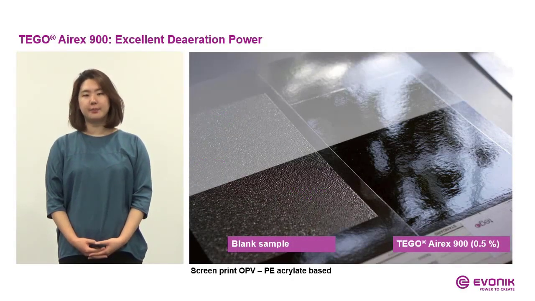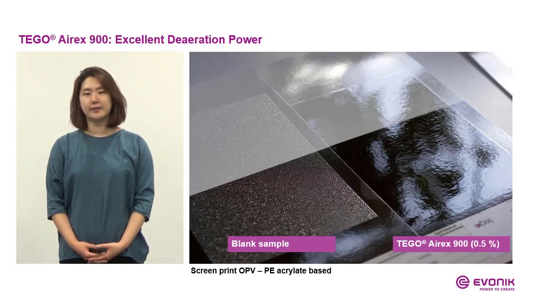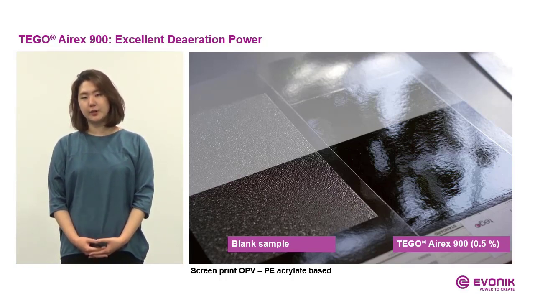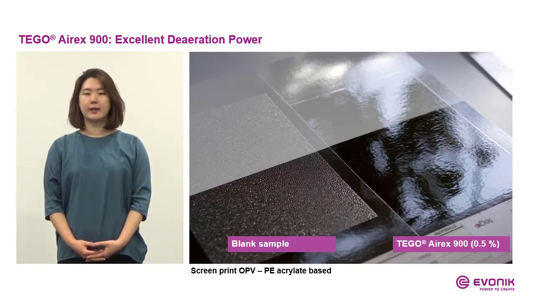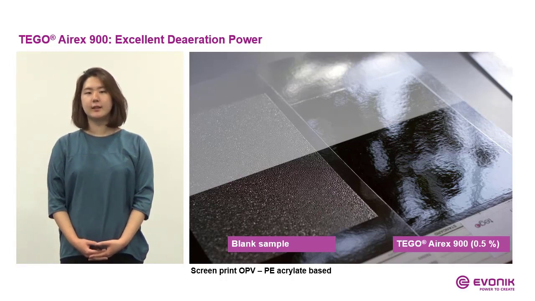This is a great example that shows excellent deaeration power with TEGO Airex 900. In the picture, you see on the right side, by adding 0.5% of TEGO Airex 900, you see significant improvement in terms of deaeration.